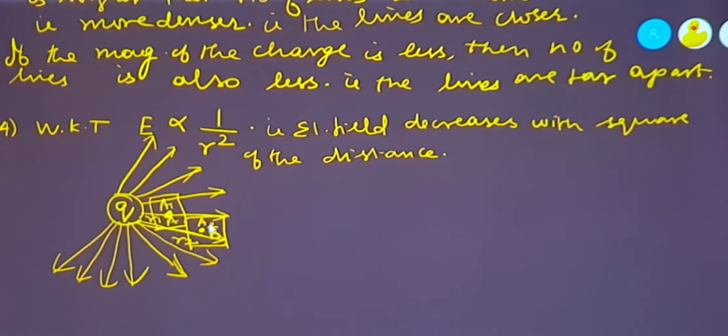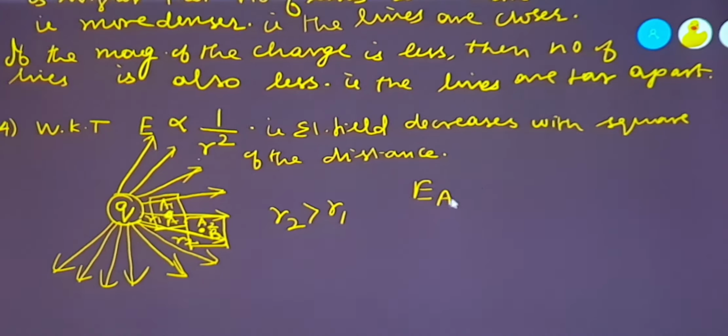The electrical field at A is greater than at B, because A is nearer than B. That is, R2 is greater than R1. As we know, electrical field is inversely proportional to the square of the distance.